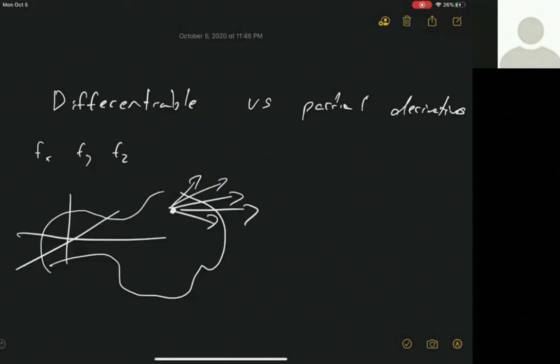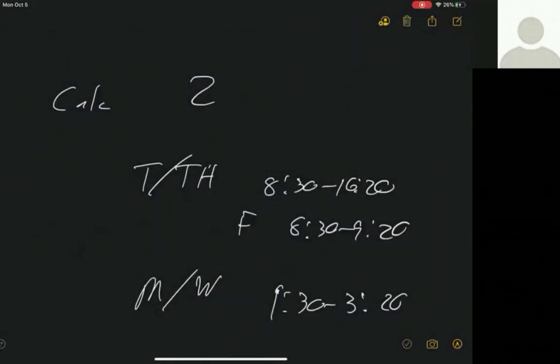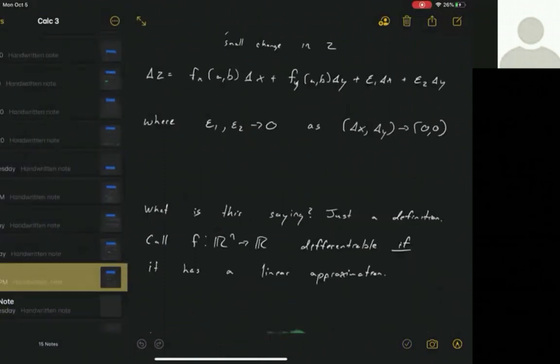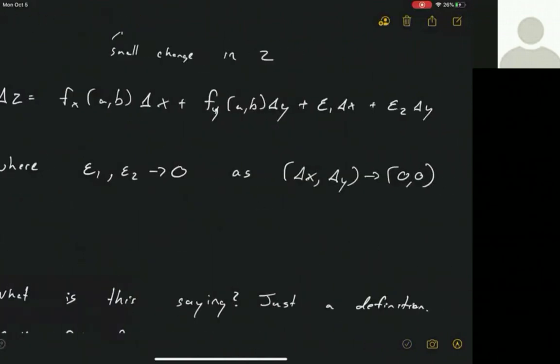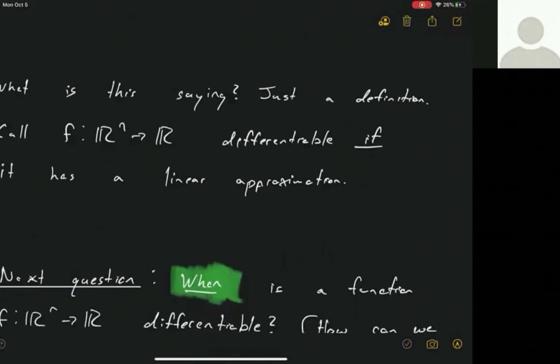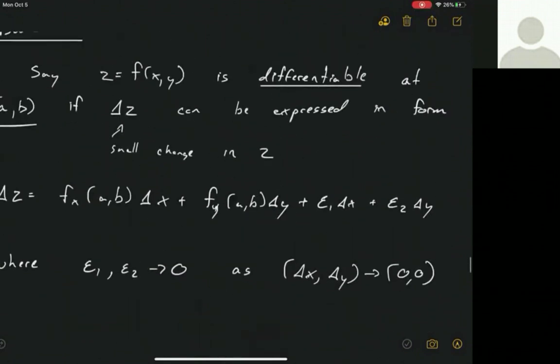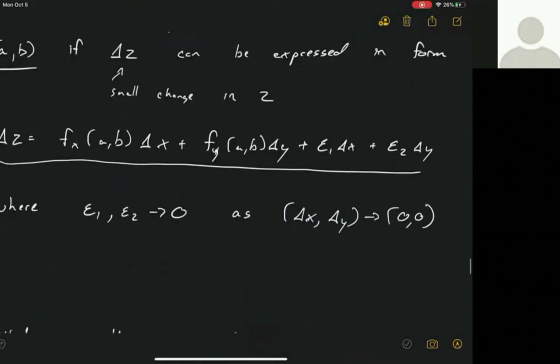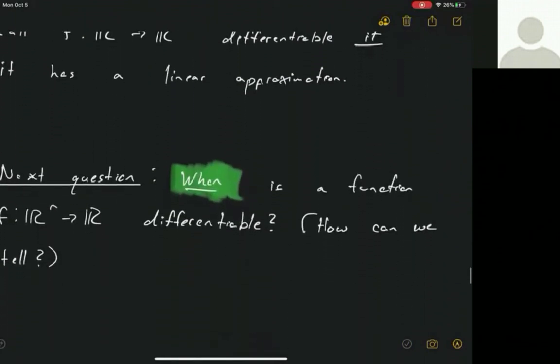So this is a lot stronger. But that's just a definition. Now, we can see that if our function is differentiable, then we are going to have this kind of nice linear approximation. So if our multivariable function is differentiable, we're going to have a nice linear approximation.